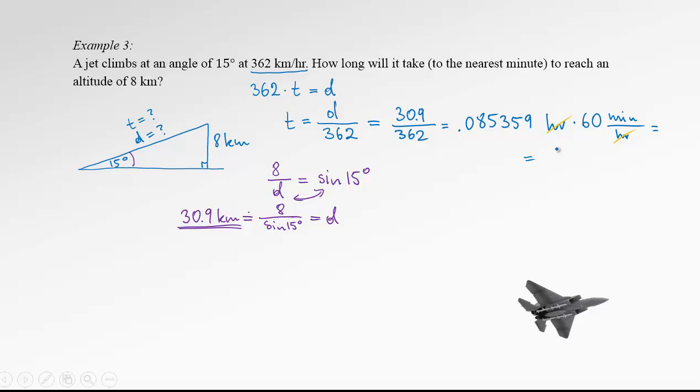Okay, how much is that? That's approximately 5.12, so this many minutes. If we want to be even more exact, we can convert this 0.12 of a minute, multiply by 60, and that will give us 5 minutes 7 seconds. Okay, so we can give the final answer.